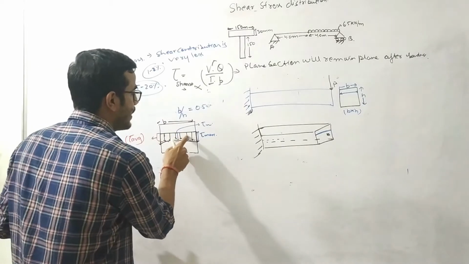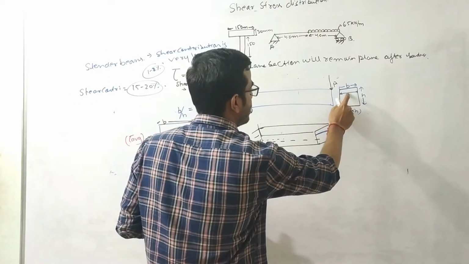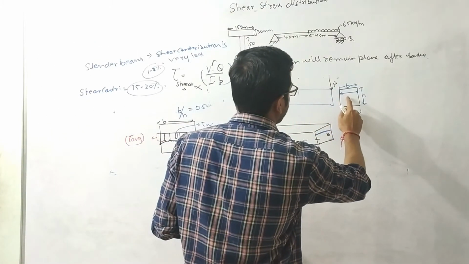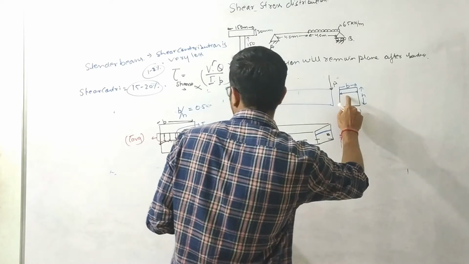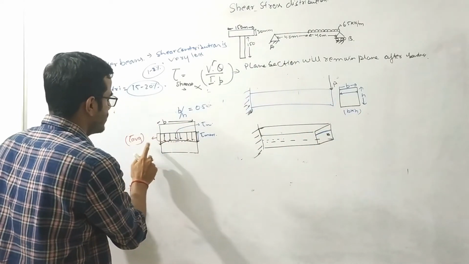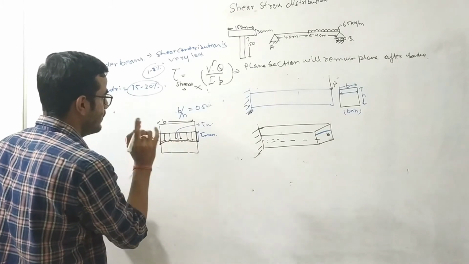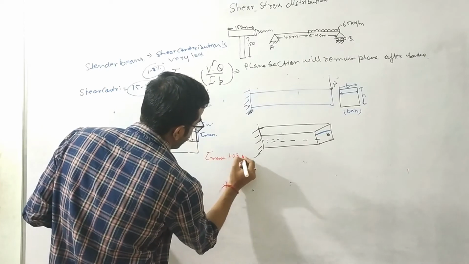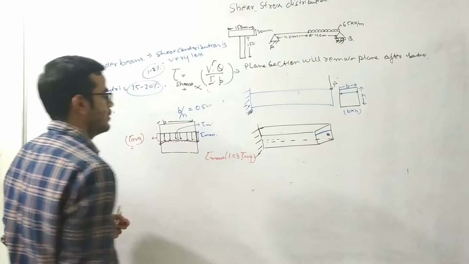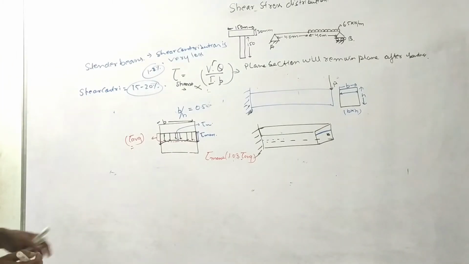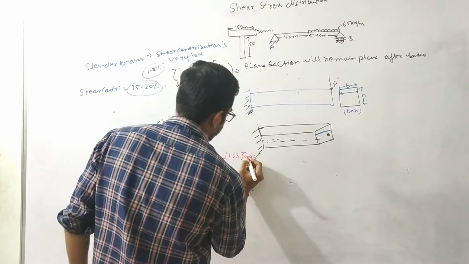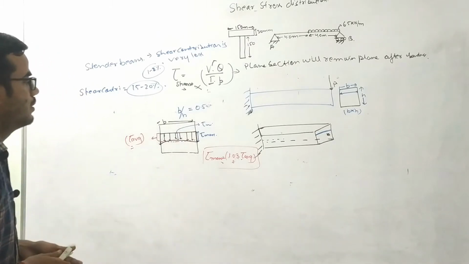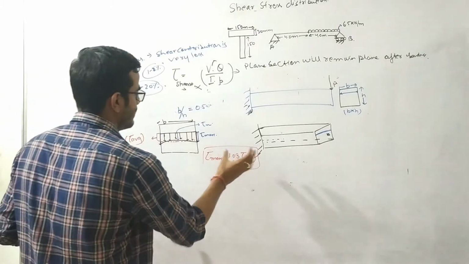So at this level tau max is 1.0 times tau average. This solution we will get through the elastic theory approach. I am just telling how much variation there is.